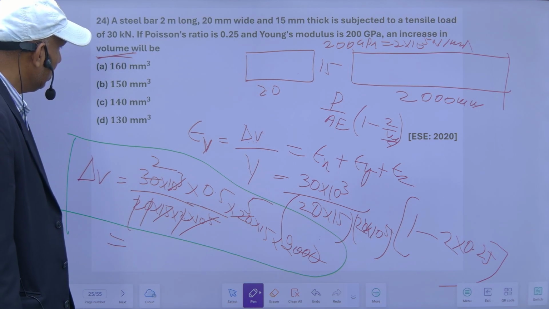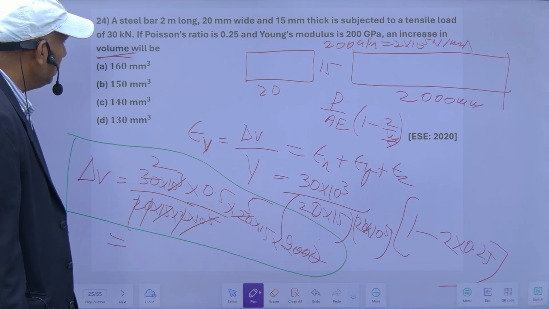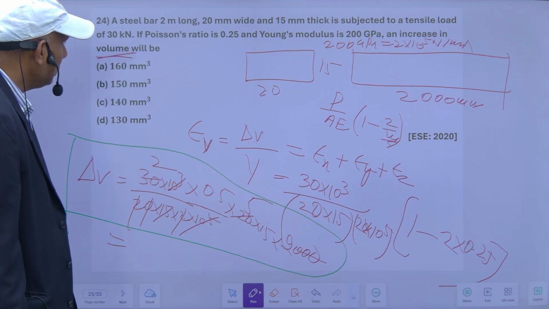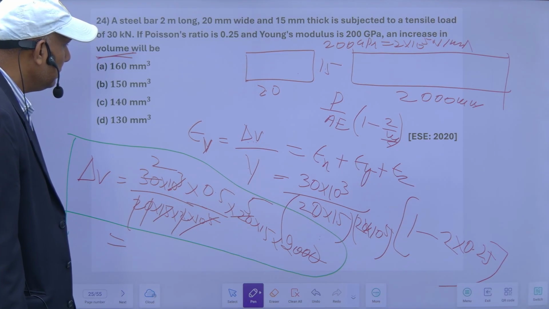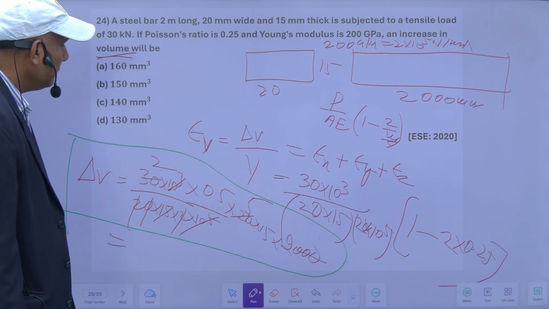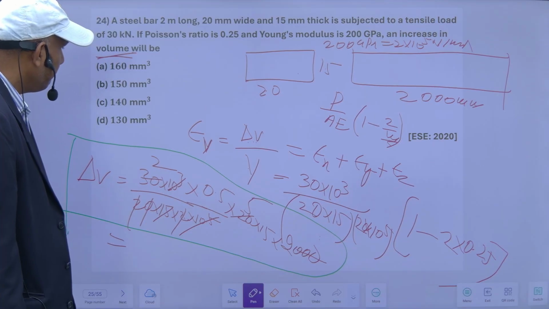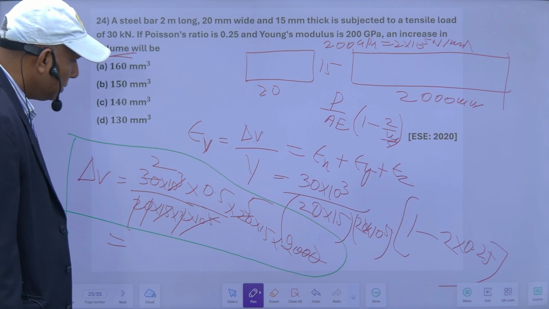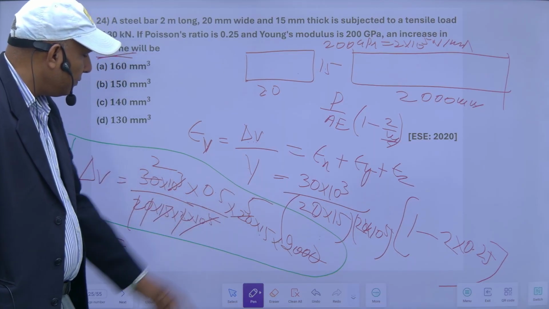So this is 15 into 2, 30. 30 into 5, 150, and this into 1.